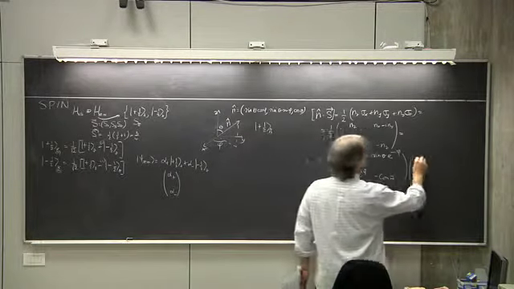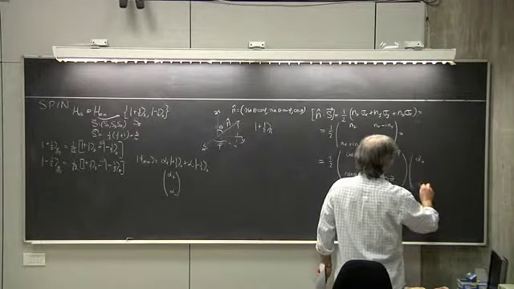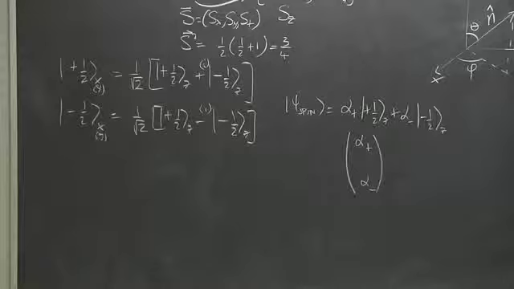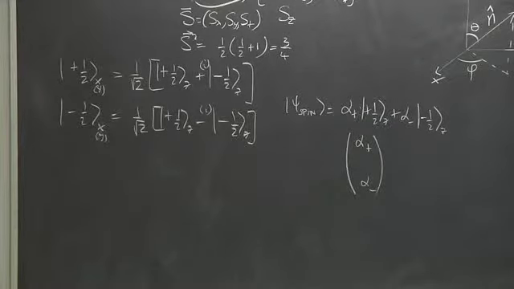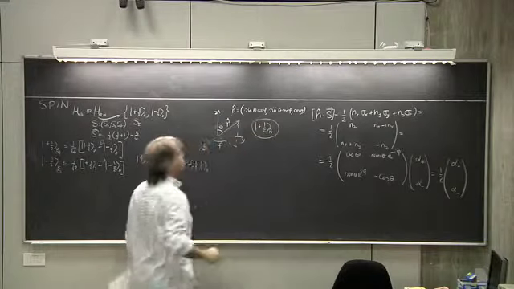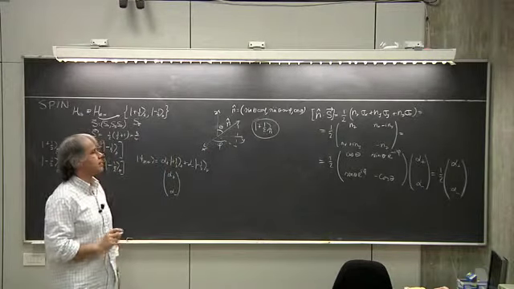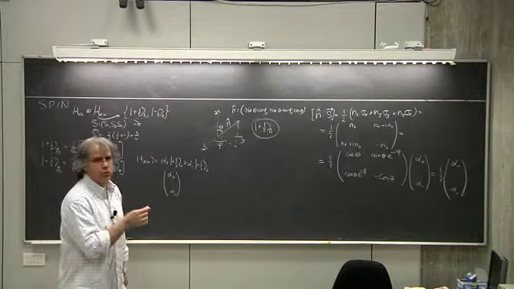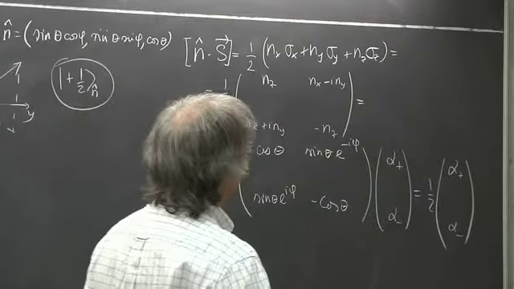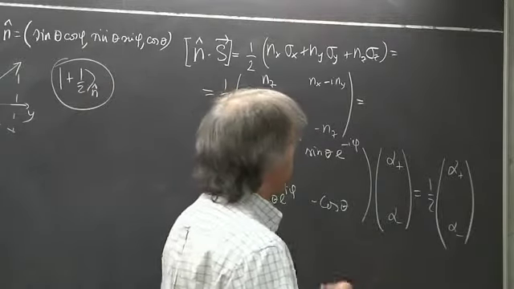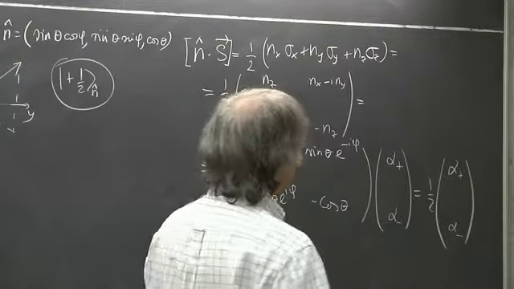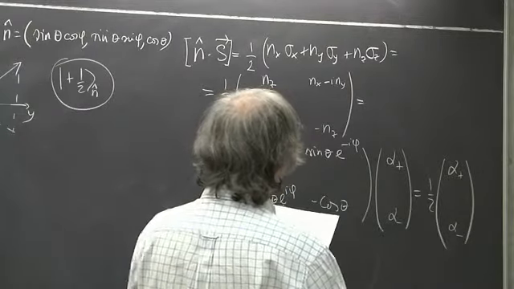So I must find two numbers such that this is equal to 1/2 alpha plus, alpha minus. Okay? So this is the vector representing the state. Now, rather than solving this, it's a 2 by 2 problem, so one can find the eigenvalues, which will be plus or minus 1/2, and the eigenvectors. I give you the solution.